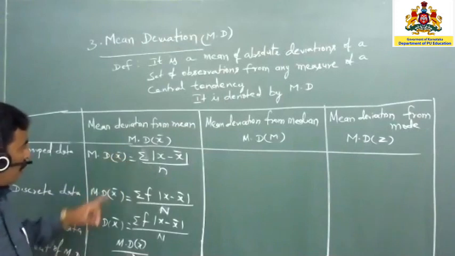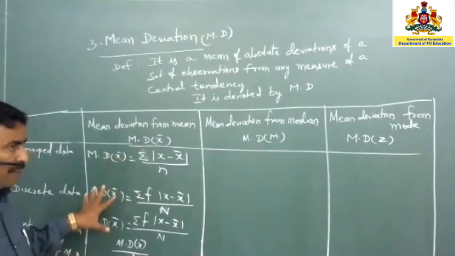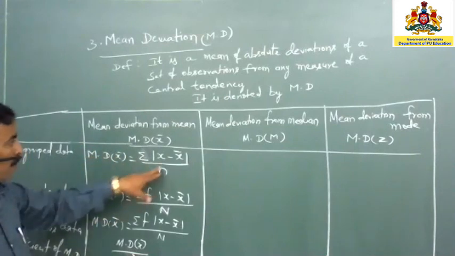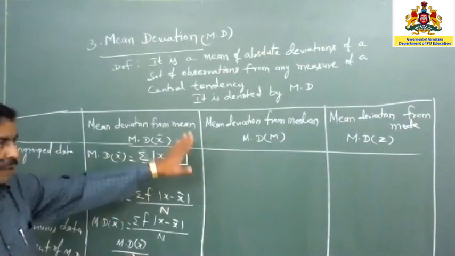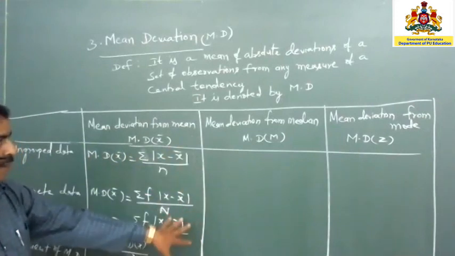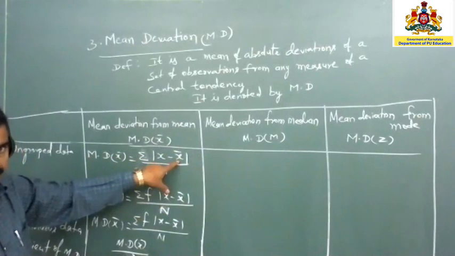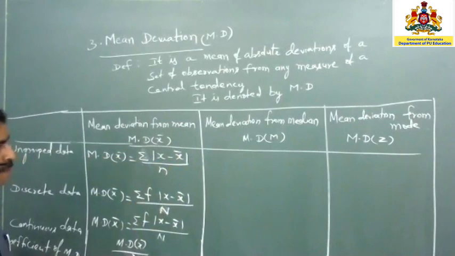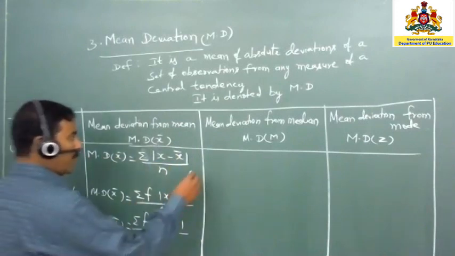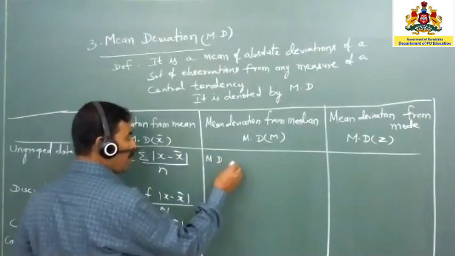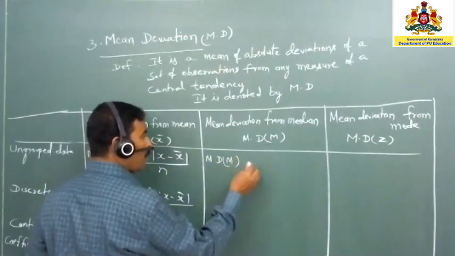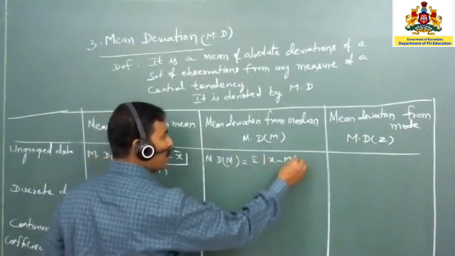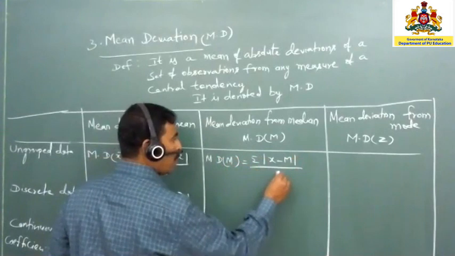If you learn how to write formulae for mean deviation from mean, the same formula you can apply by replacing x bar by M, median, and you will get the formula for mean deviation from median; and by replacing with Z in place of x bar, you will get the formula for mean deviation from mode. Mean deviation from median for ungrouped data: summation modulus of x minus M by small n.